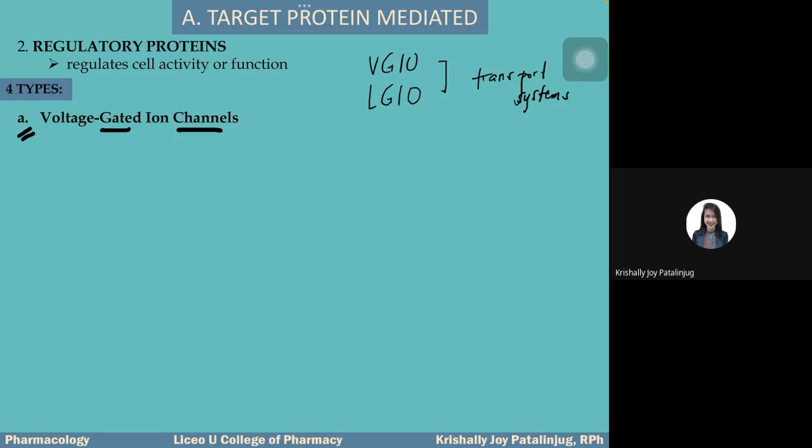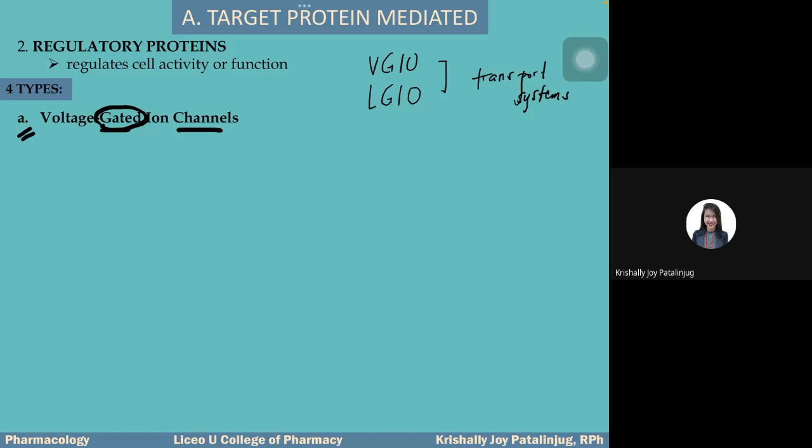And since it is gated, you can analogize it with a gate, an actual gate, right? A gate opens and it closes. So the same mechanism is how a gated ion channel works. It opens and then it closes. For the voltage-gated ion channel, this channel transiently opens in response to a voltage.